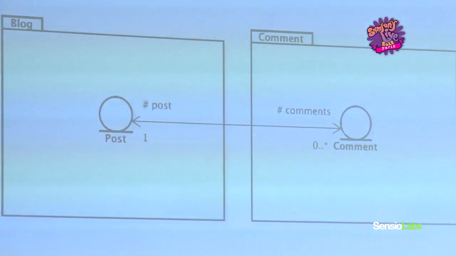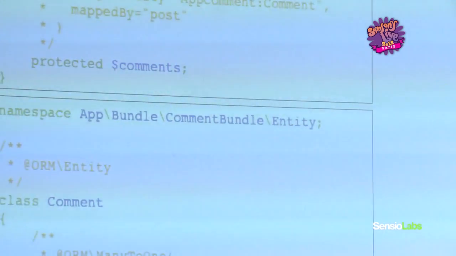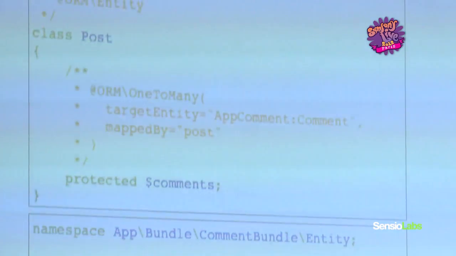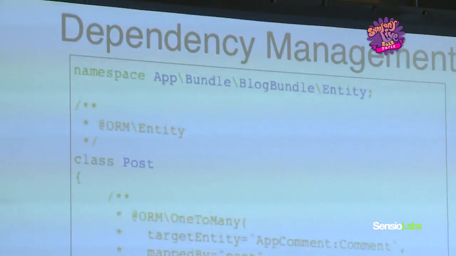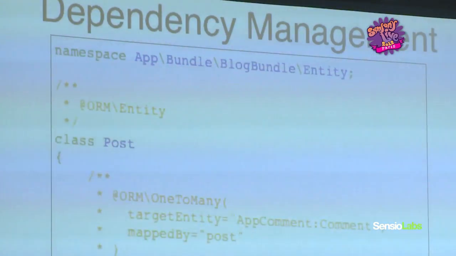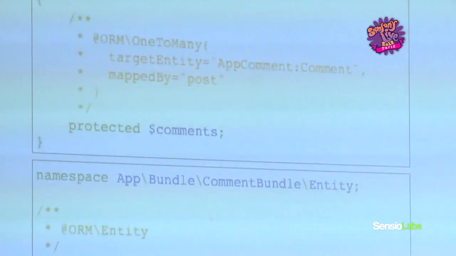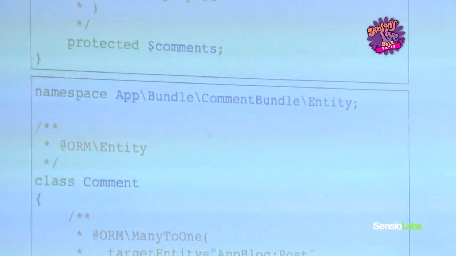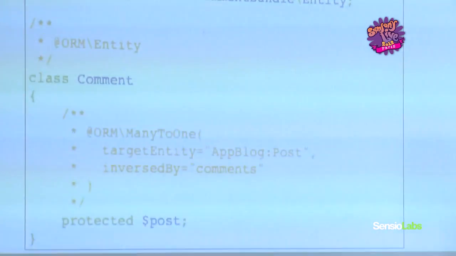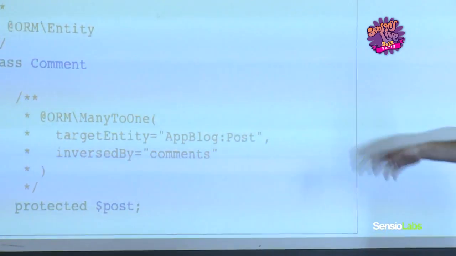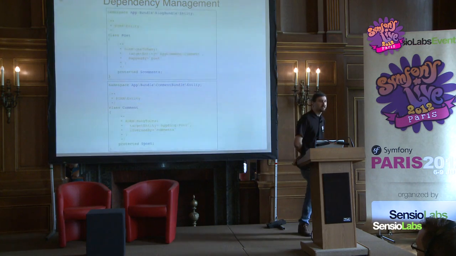So you're probably going to have a mapping, something like this, like post pointing to one to many comments, mapped by post, and then inside of the comment, you have a many to one, inversed by comments, and there you go.